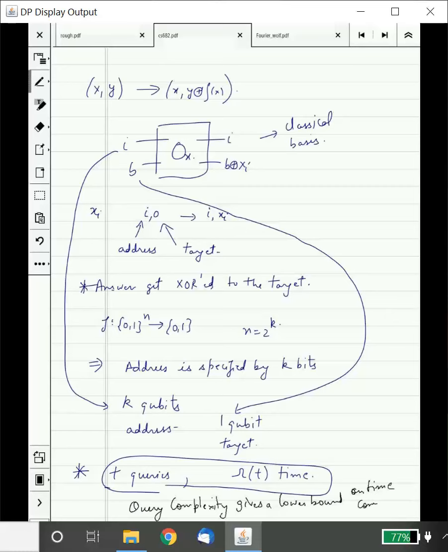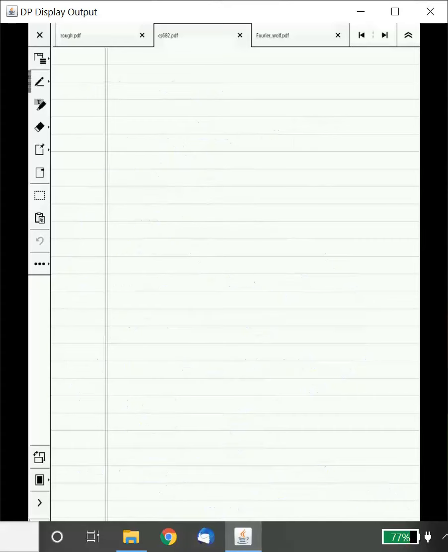Though we have to be careful, since they are not equivalent, we will also remember that separations in the query complexity model do not imply separations in time complexity.